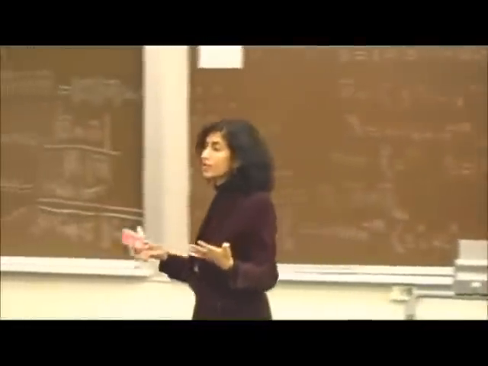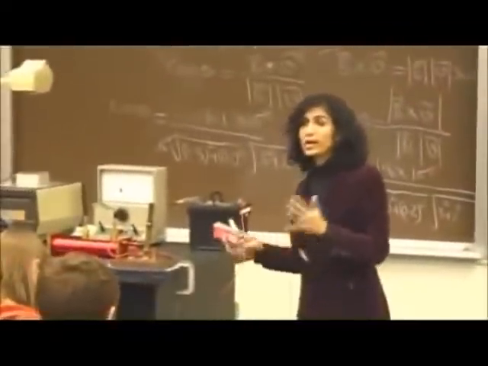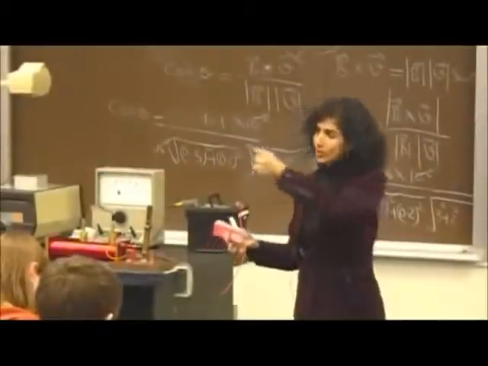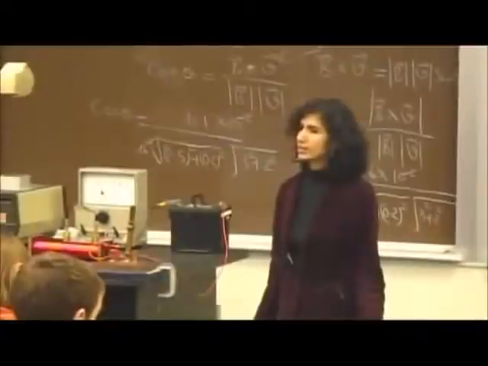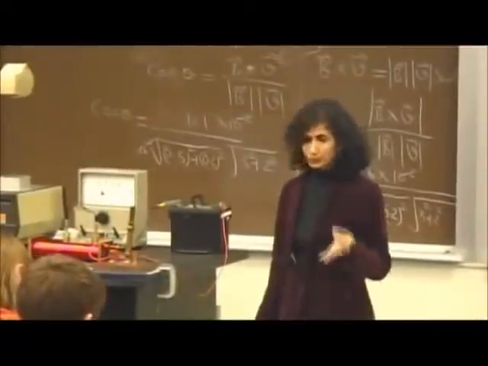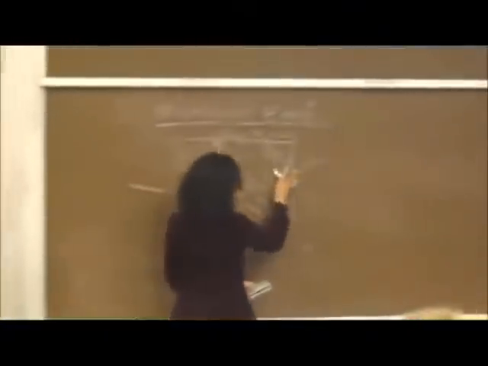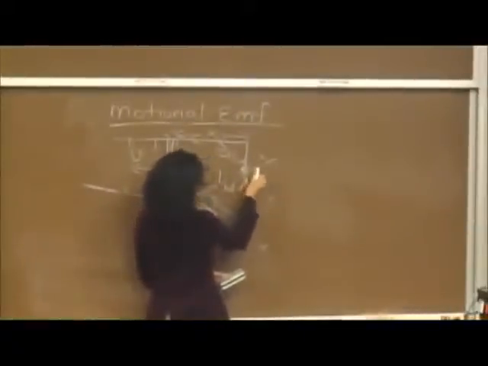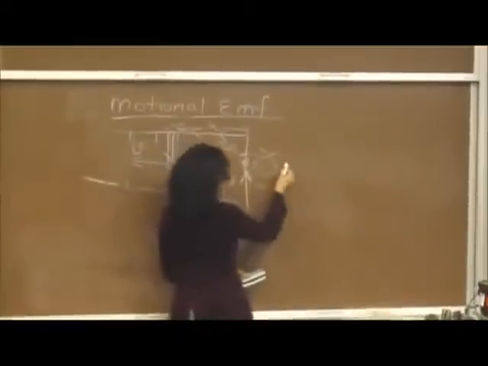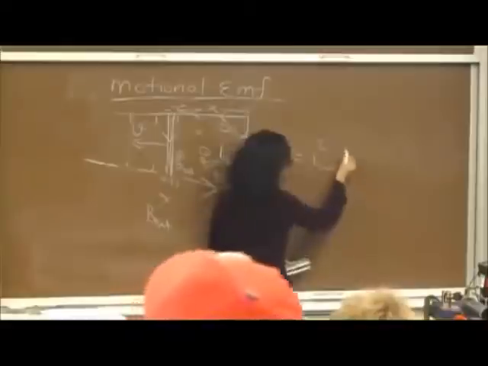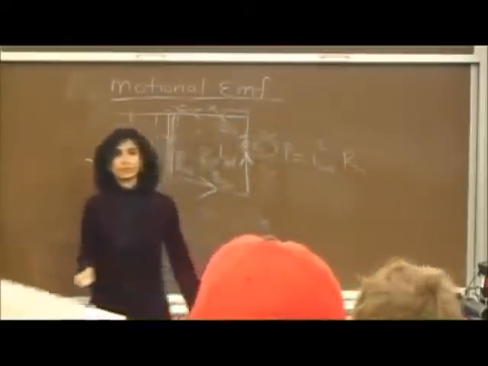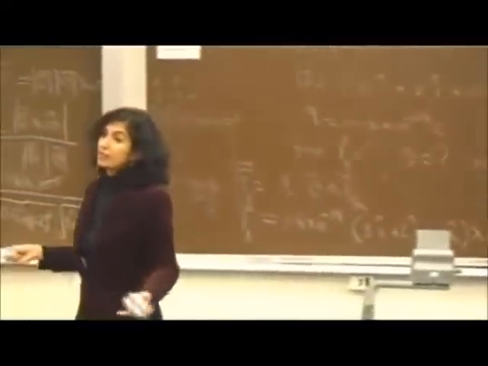Now we have actually thought about it at a microscopic level also, about how the electrons feel a force when you move something in an external magnetic field. Does that make sense? We also said that if you put a light bulb here in this circuit, which has a resistance R, you will see that there will be some power dissipated, which will be I induced squared times R. But is that power dissipated something that is coming for free?